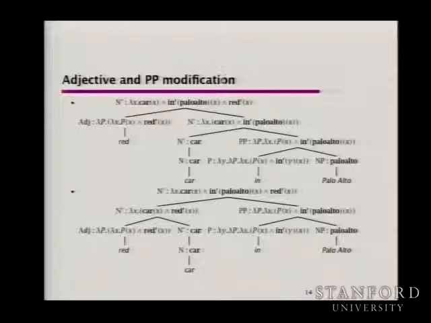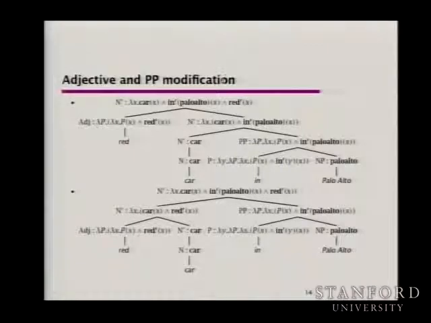So what we want to do is make a meaning for red car in Palo Alto. And first of all, to think about it conceptually, what should the meaning of red car in Palo Alto be? That seems like it should still be a property. It should still be something that picks out a set of individuals that satisfy the property red car in Palo Alto.